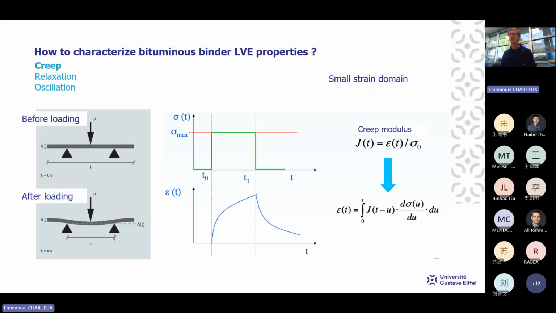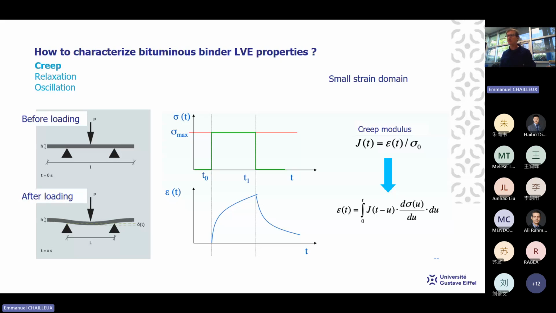For the time domain test I will choose the creep experiment. The creep experiment consists in applying a stress over a certain time, here T1, and observing the consequence, the deformation.